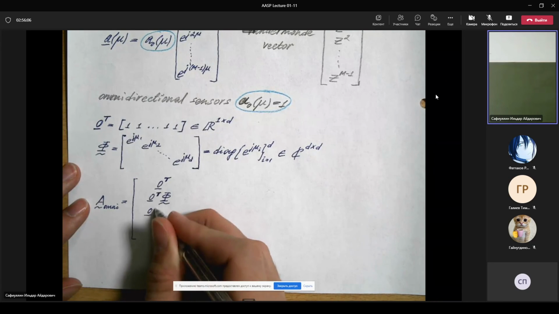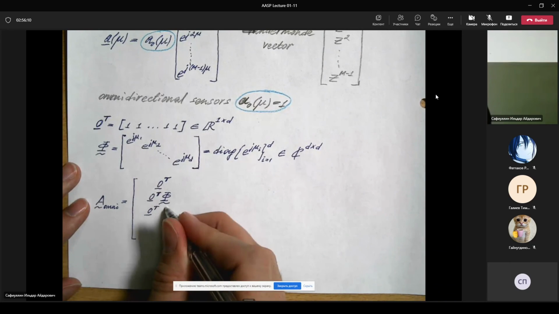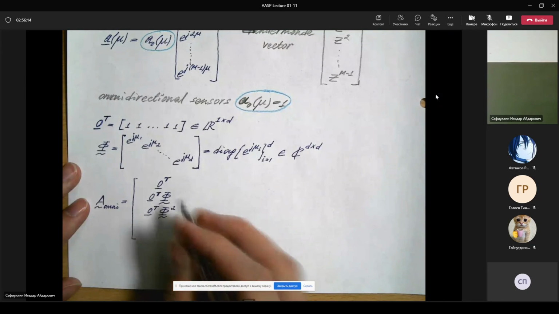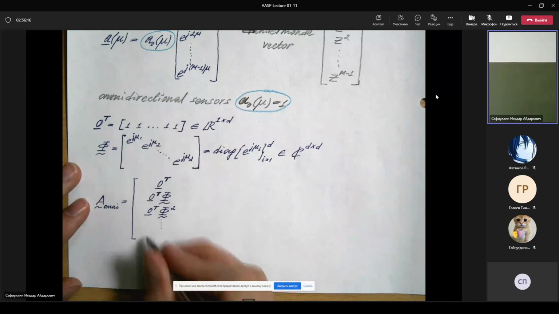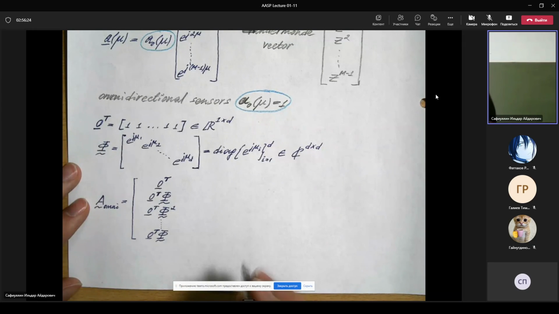Then row vector O times phi squared, and up to O times phi to the power of m minus 1.